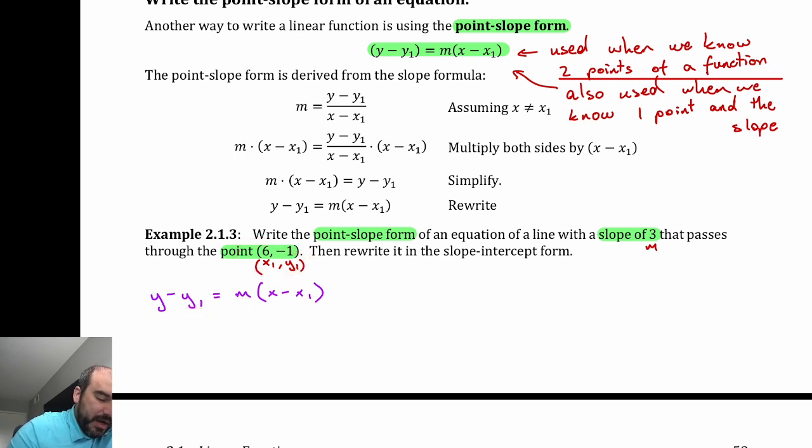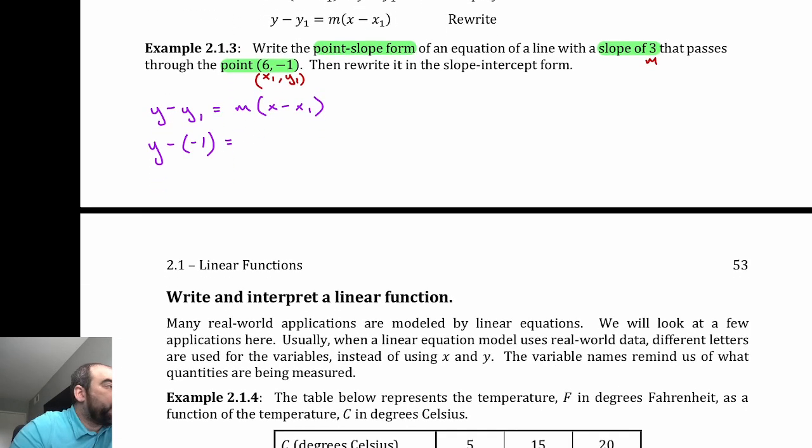So we'll have y minus a negative 1 equals m, which is 3, times x minus x1, which is 6.